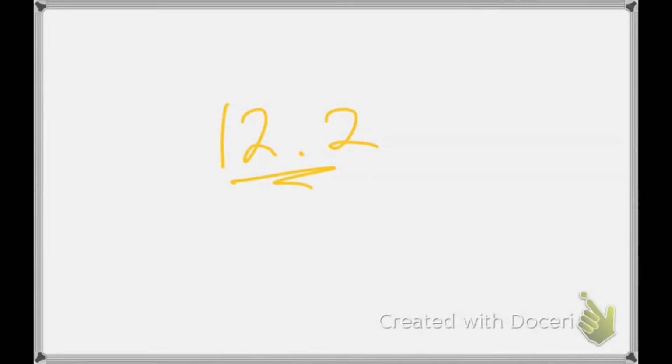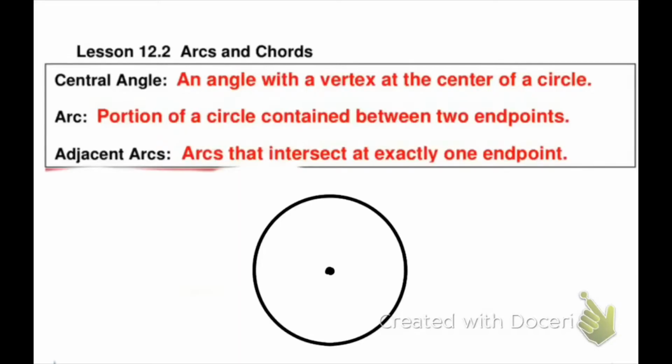Alright, so today we're looking at section 12-2, which is dealing with arcs and chords. So what do we need to know to solve these different problems with arcs and chords? Well, first let's look at the central angle. Now we're going to take a circle down here, and we have the center of the circle right there.